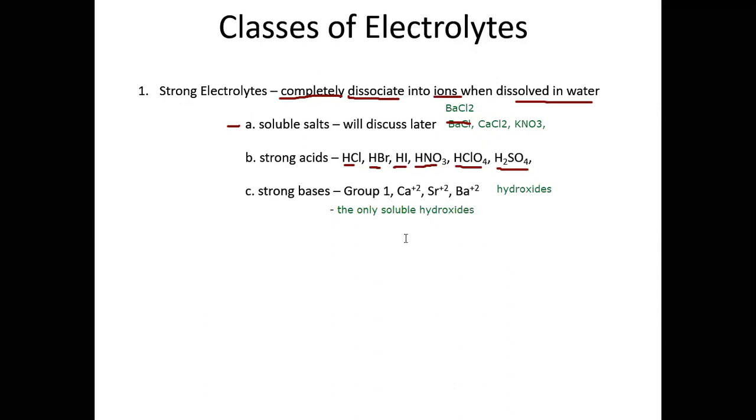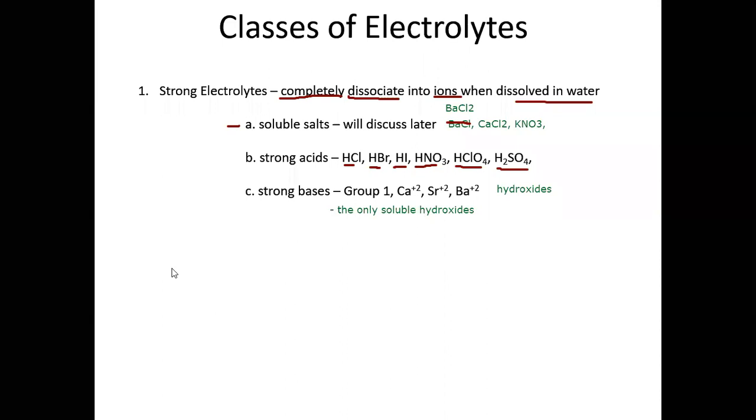All other hydroxides are insoluble, so therefore they're not strong bases. So to be a strong base, you have to be a soluble hydroxide, which will be your group 1 cations and your heavier group 2 cations starting with calcium. And these are the only soluble hydroxides.